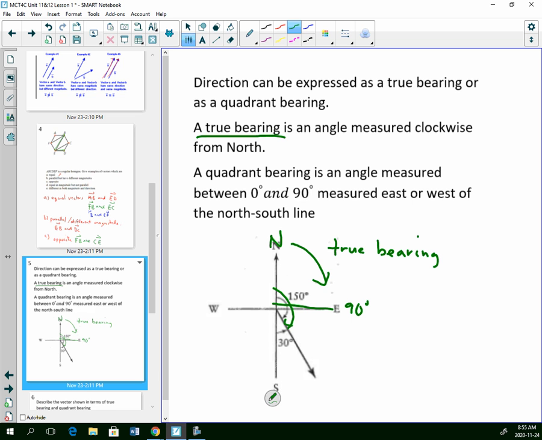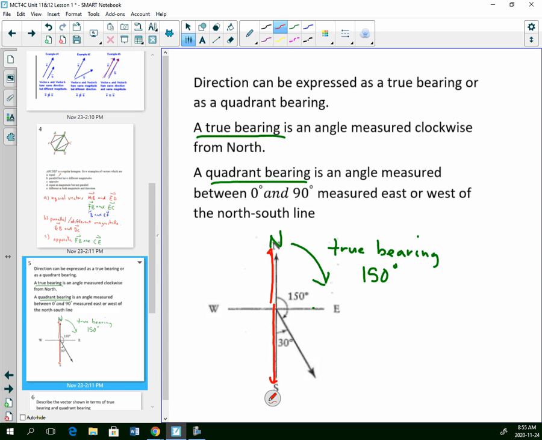A quadrant bearing is different. A quadrant bearing measures in the quadrant, measured from the north and south line, going either east or west. Okay, so for example, if I take the same angle 150, so 150 degrees would be a true bearing. If I measured that as a quadrant bearing, I'm either measuring it from south or north, right?